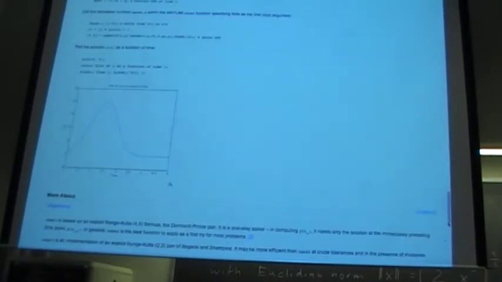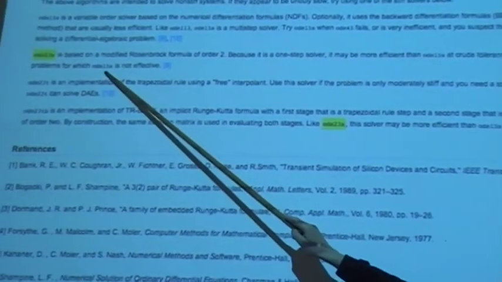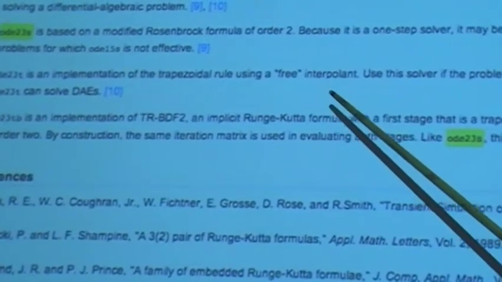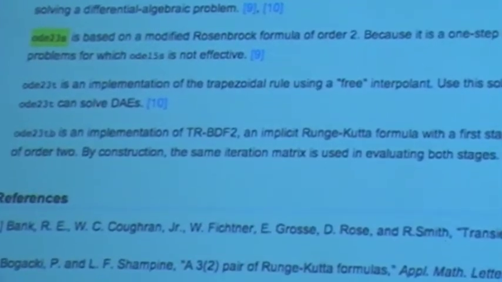Let's see if we can get that larger. No. Okay, so then we have to take it as it is here. So the ODE23s is based on a modified Rosenbrock formula. So it's this one here that we discussed.